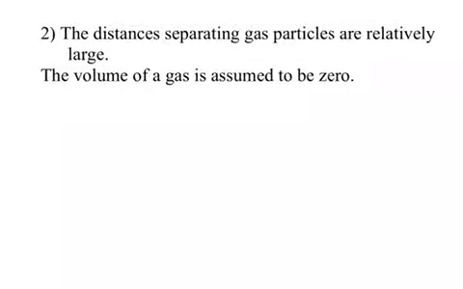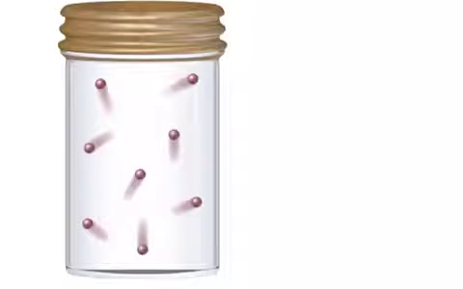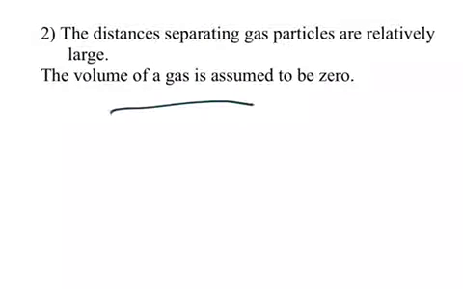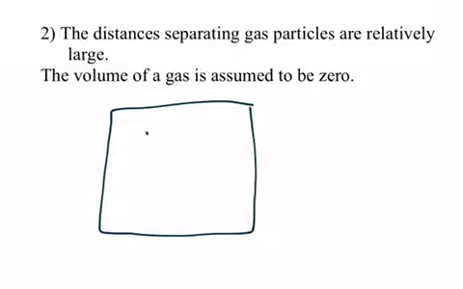The second assumption is that gases have a volume equal to 0. In this diagram, the particles are kind of large, the way they're drawn here compared to the container. I'm going to go back to my drawing over here, and I'm going to draw just a couple of gas molecules, and notice that most of the volume here is empty space.